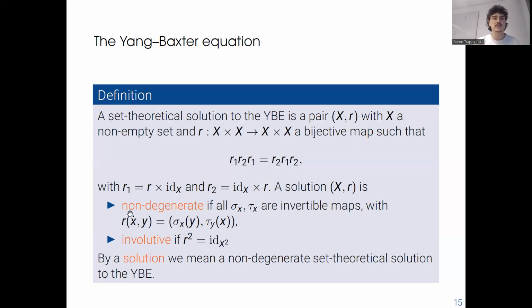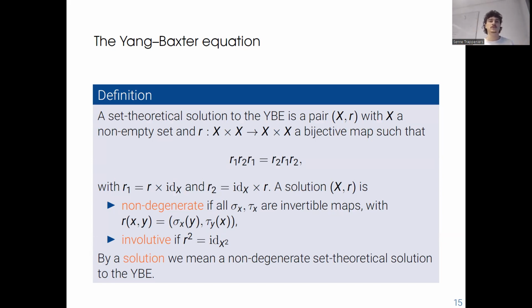So you see the X being moved to the other side and the Y being moved to this side. So what's happening is that you're twisting the elements, but while you're twisting them, the X is still going to act on the Y, and the Y is still going to act on X. So it's not just twisting, there's also a permutation happening. So that's the way to think of this non-degenerate condition.